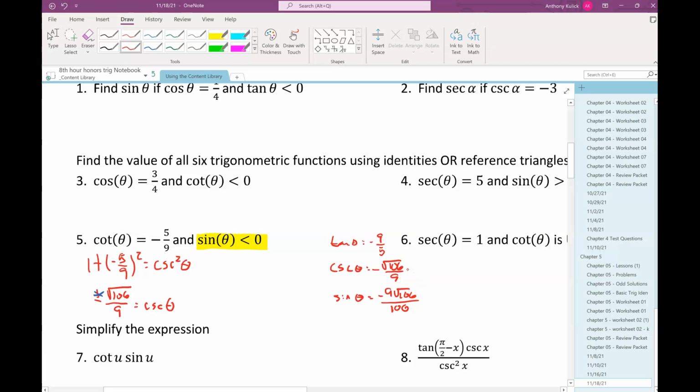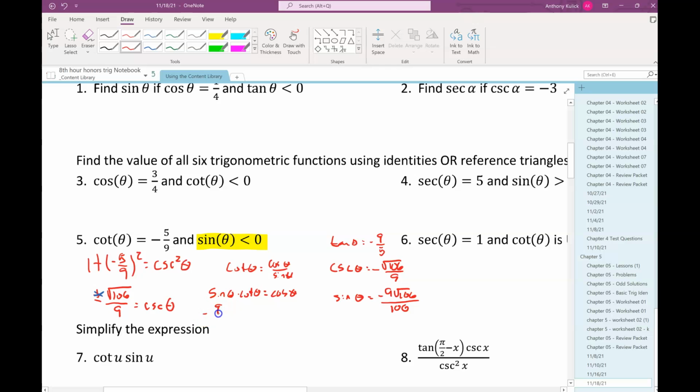So far, so good? Okay. The last thing I have is cosine and secant. So I'm going to use the fact that cotangent is equal to cosine over sine. If I multiply both sides by sine, I have that cosine is equal to sine times cotangent.